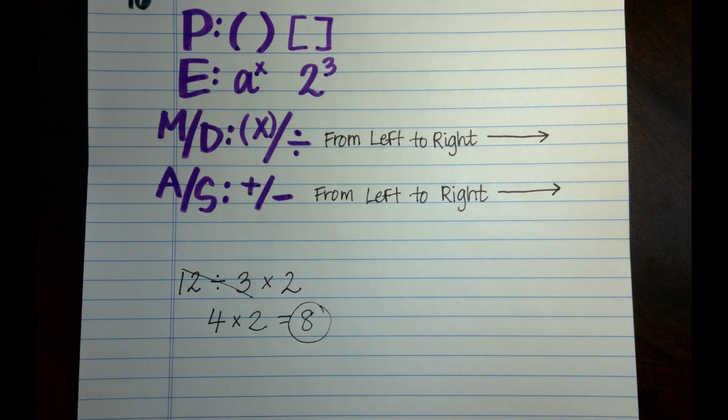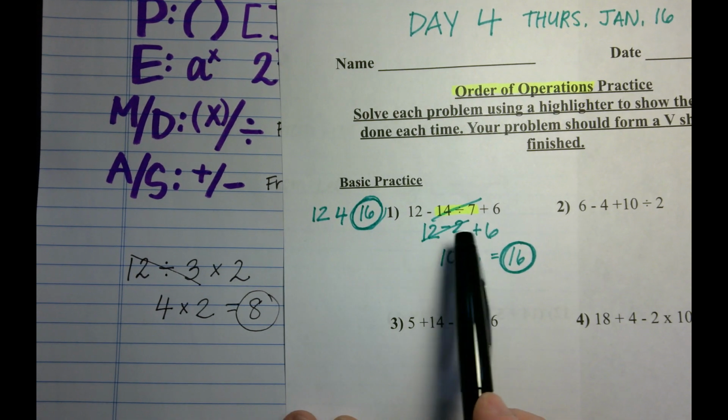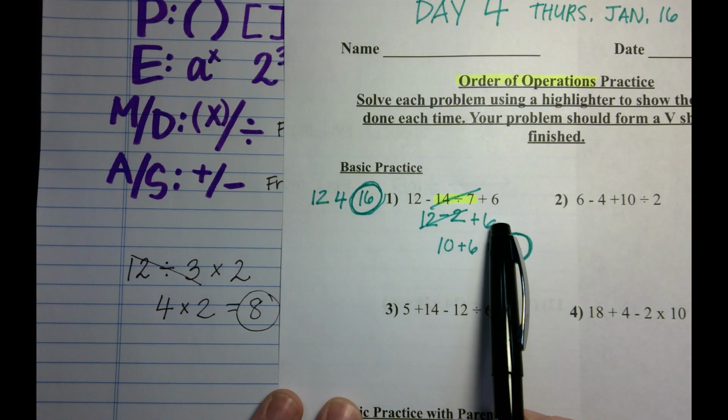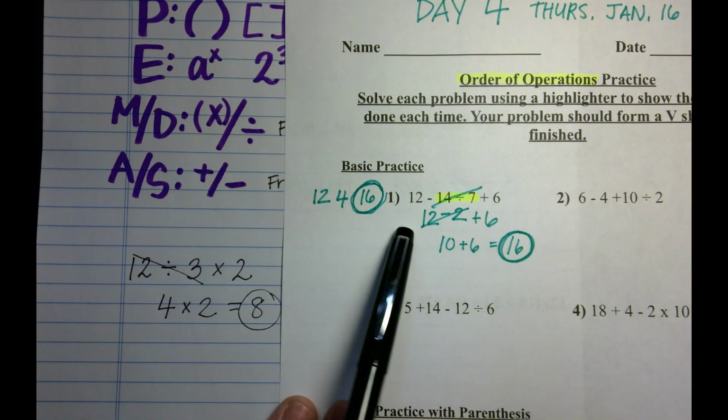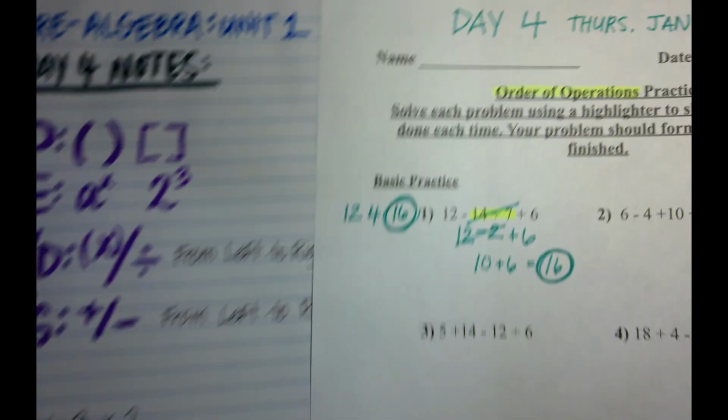And we saw that in number 1. We had 12 minus 2 plus 6. If I do 2 plus 6 first, I'm going to get a very different answer. We do it from left to right. Everybody got that? Yeah. Okay, let's go back to the worksheet. I'm going to put this to the side.